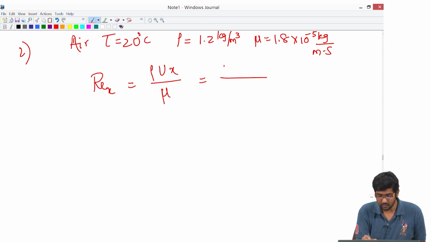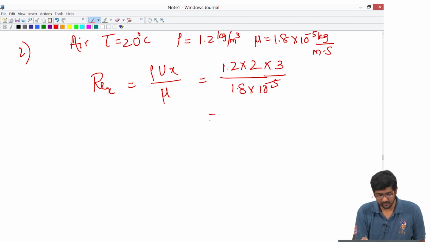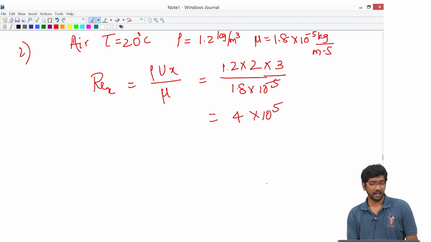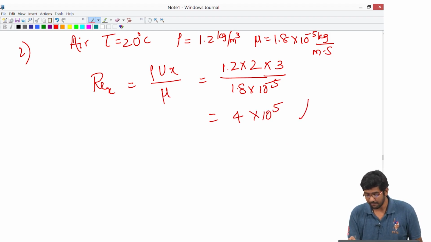Density is 1.2, velocity is 2 meter per second, which is given, the distance is 3 and viscosity is 1.8 into 10 power minus 5. Substituting all this, we get the Reynolds number as 4 into 10 power 5, which means the flow is laminar as it is a plate problem.